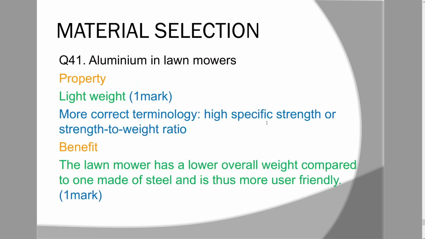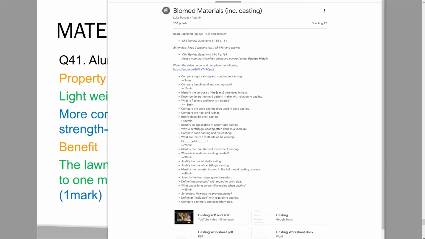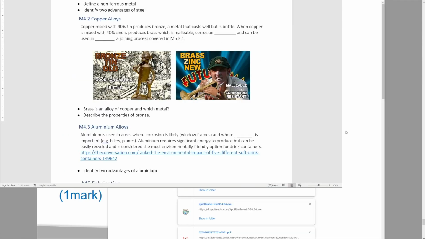Moving on. Okay, lastly we're going to finish with aluminium, the properties of aluminium. And what I had is the notes that I handed out right at the start of term 1. Blink and you'll miss it, but of the 40 pages, I've got about half a page on non-ferrous metals.